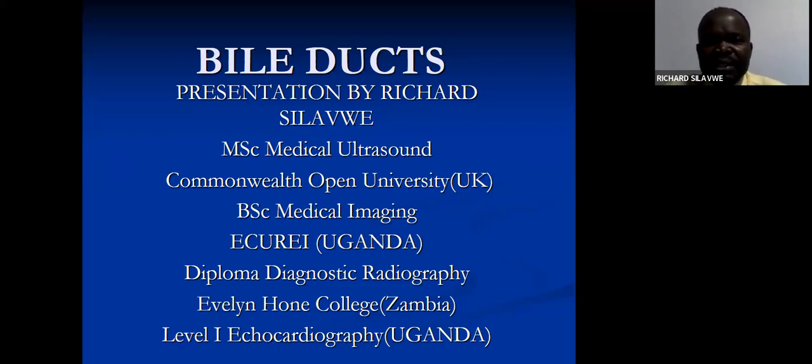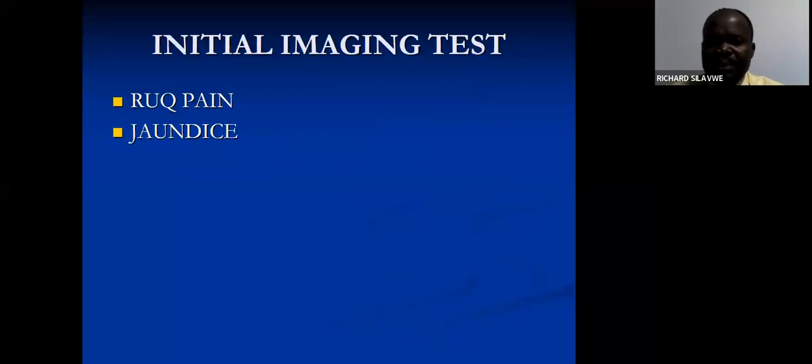This evening, I'll be presenting on a subject that I've entitled bile ducts. So we'll be talking about the bile ducts, as you can see from the screen there. For the initial imaging of the bile duct, most of the time we have indications of right upper quadrant pain, then also jaundice.